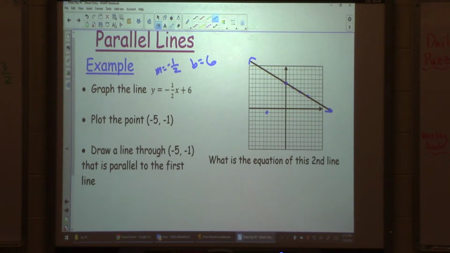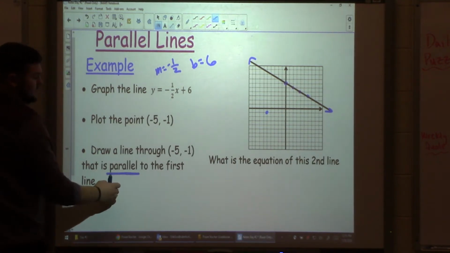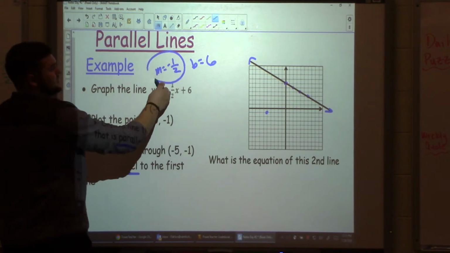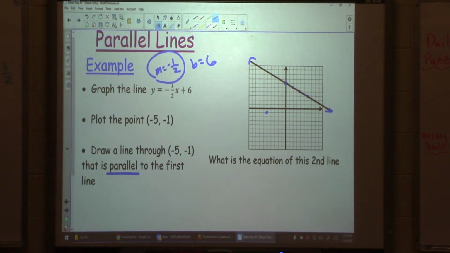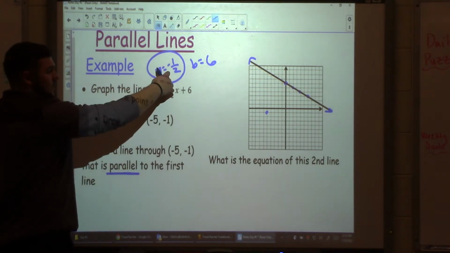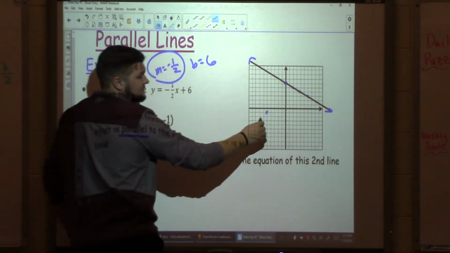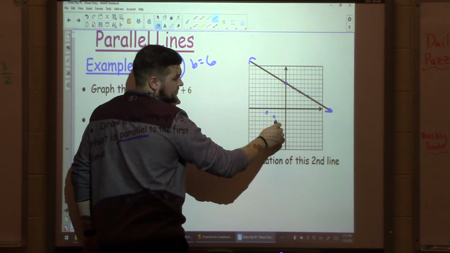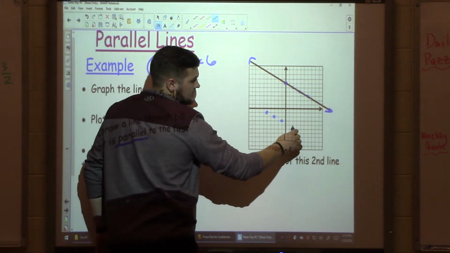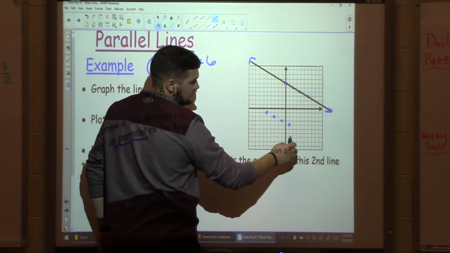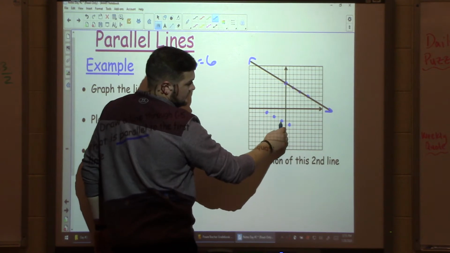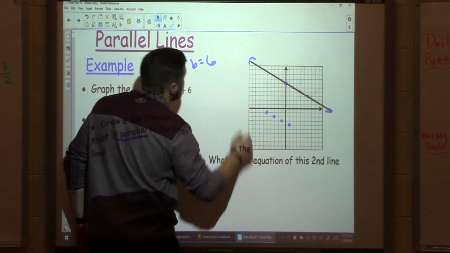No. The slope is not 2. It's parallel, so it needs to be the same. So our slope is also going to be negative 1/2. If we were doing perpendicular, then it would be 2. So, for a parallel line, the slope has to be the exact same. Down 1, over 2. Did that right? Okay.